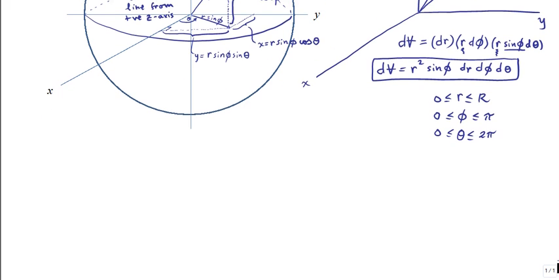Now we can integrate both sides of this equation. Integrating both sides, we get the volume on the left, and that's what we're looking for.